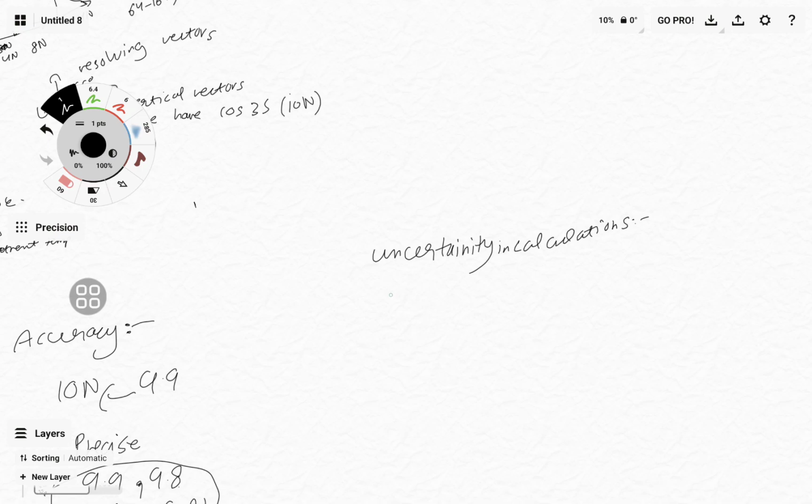Like we have 10 Newton, so plus or minus 0.1, you can have 9.9 or 10.1 Newton. So that's uncertainty.